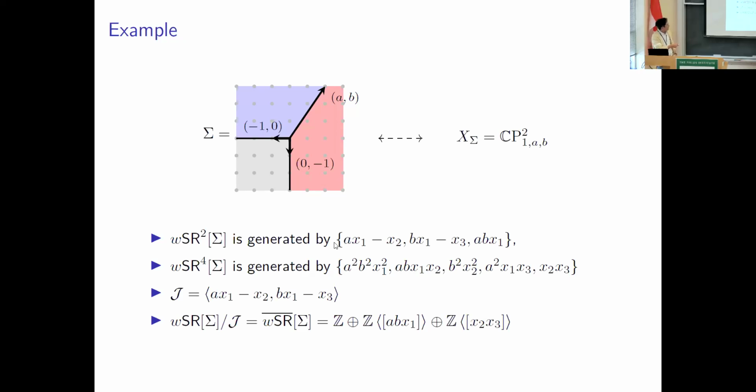For instance, if you look at the degree 2 generator and this agrees, you can kill this generator in the degree 2 part, so we only have this generator. For this degree 4 part, you can write it down and take some time, like 5 or 10 minutes, and then you can obtain the generator.